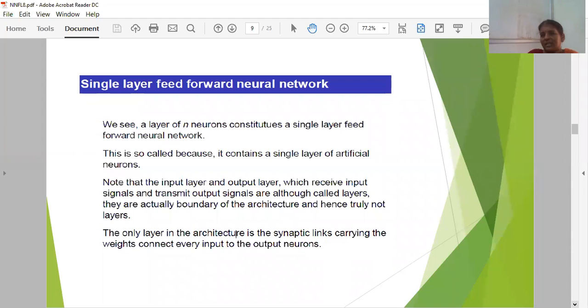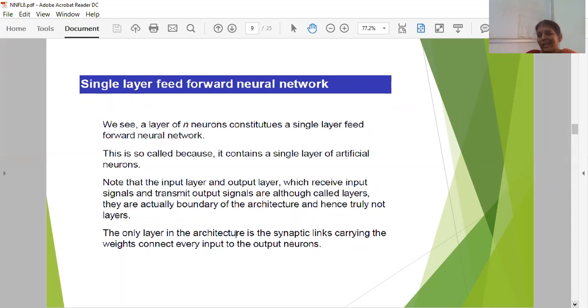Okay, the input layer receives the input signal and transmits the output signal directly. Okay, directly it will be transmitted. There are no additional layers in between input and output.